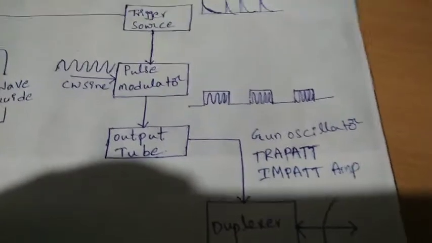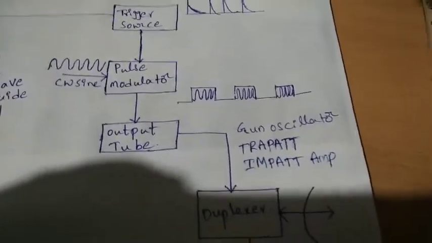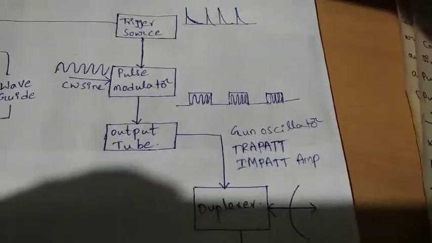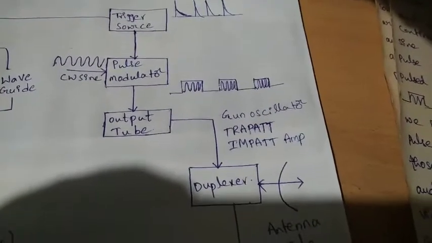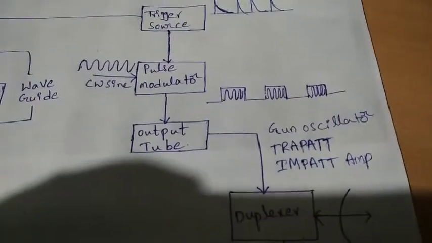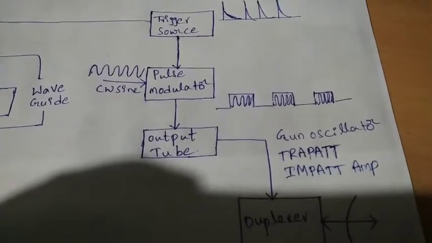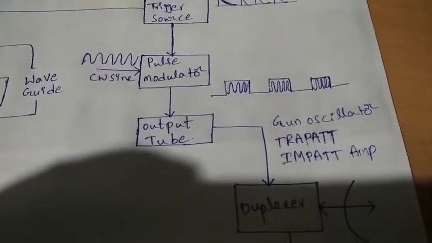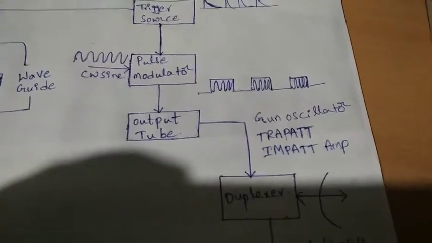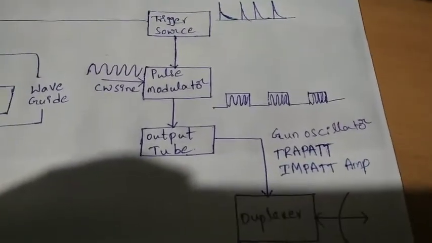Those are all microwave devices. TAPATT means trapped plasma avalanche triggered transit. These devices support high frequency signals, so we can use the output tube consisting of devices like these.